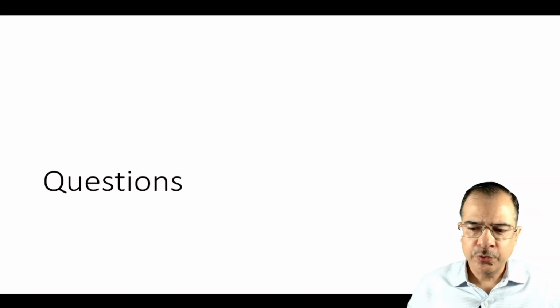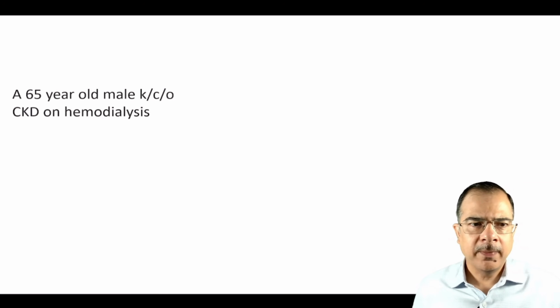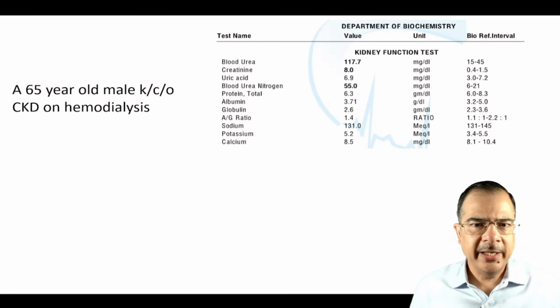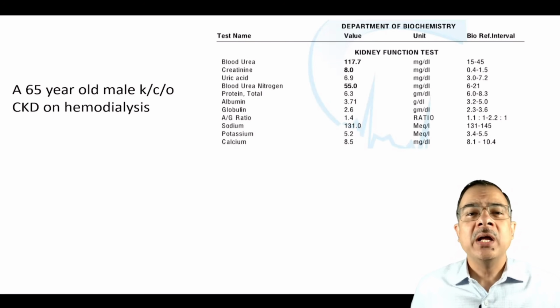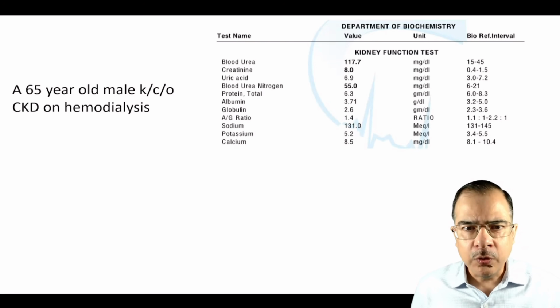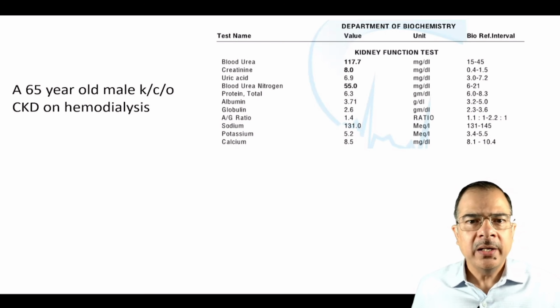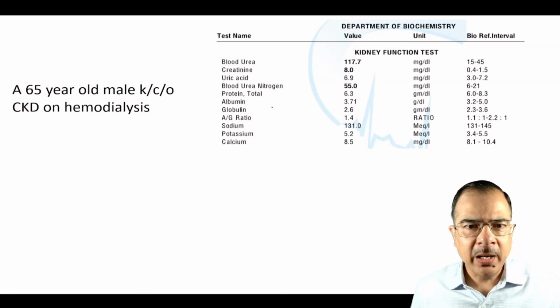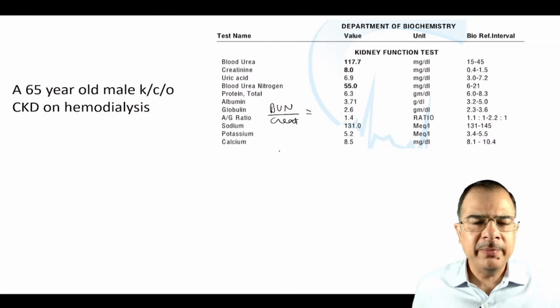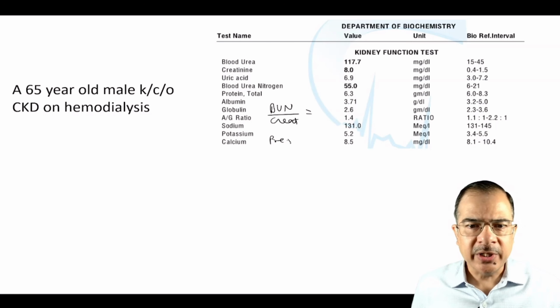Now a question to you: analyze this report. Patient on hemodialysis, analyze this report, and based on this report, what do you think the blood urea nitrogen to creatinine ratio will be? You have to tell me in the comment section whether it is pre-renal or intrinsic.